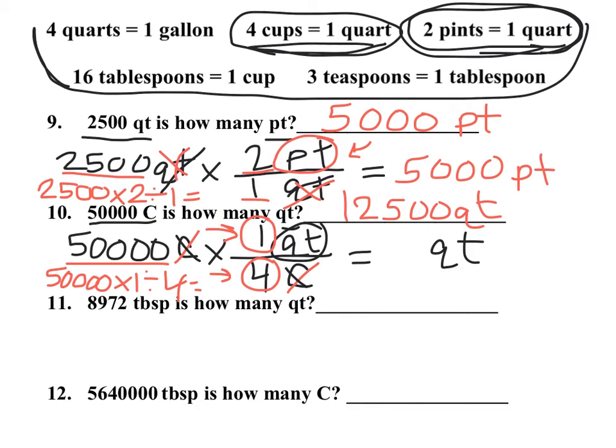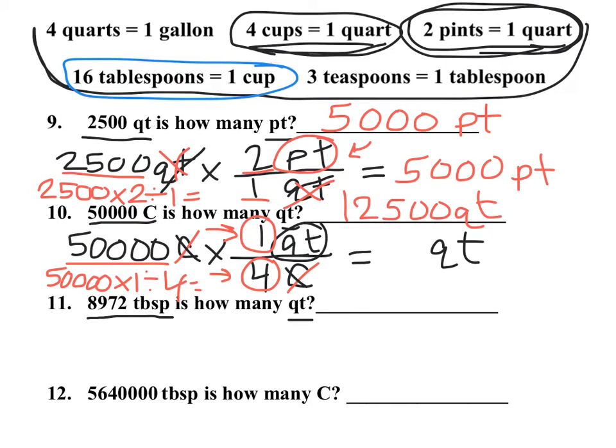All right? Now, number 11 is actually going to be a multiple step one. So let's take a look at that. You have 8,972 tablespoons, and you want to know how many quarts that is. Here's the problem, though. For tablespoons, I know how many go into a cup, but unfortunately, I don't know how many tablespoons go into a quart.